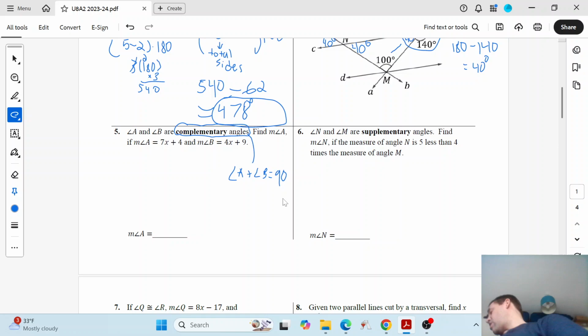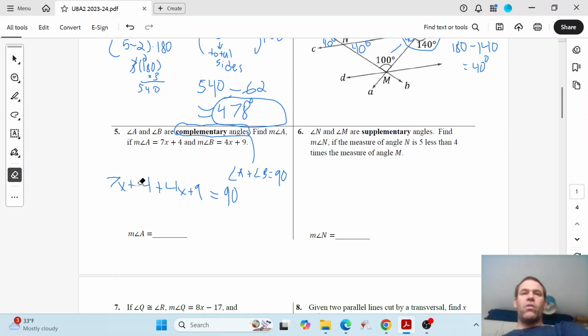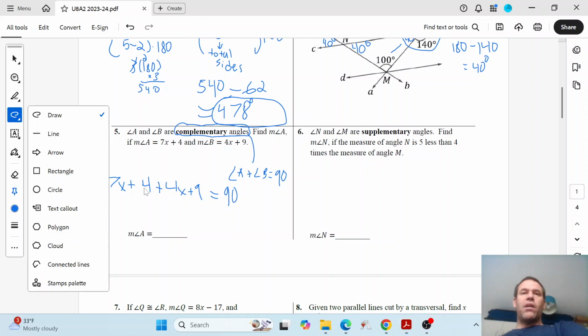So we're going to add those together, set them equal to 90, solve for x, and then plug it back in to get angle A. So 7x plus 4 plus 4x plus 9 should together equal 90 degrees, because it says they're complementary angles.